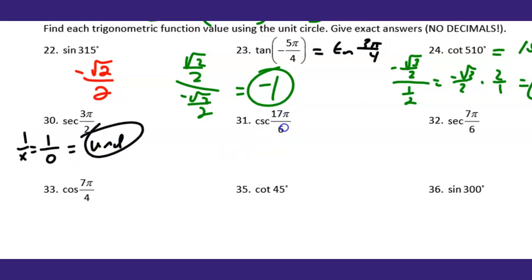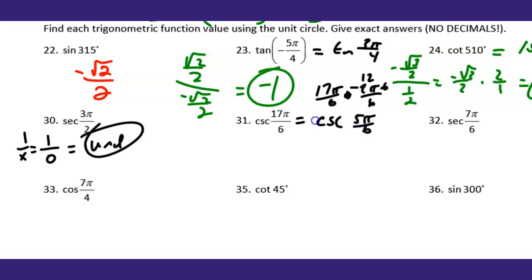For this one, cosecant of 17 pi over 6. But that's not on the unit circle. So what I need to do is find a coterminal angle to 17 pi over 6. I'm going to minus 2 pi because that's large. That's 12 over 6. 17 minus 12 is going to give me 5 pi over 6.